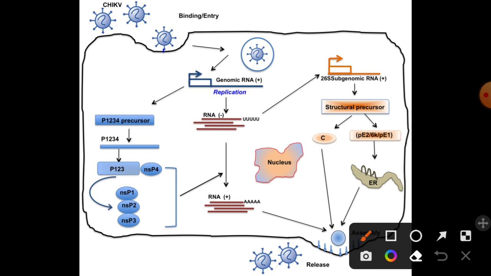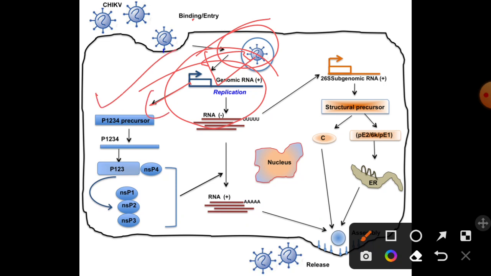Then the life cycle. First the virus enters by endosome formation, then it releases the positive sense single stranded RNA genome in the cytoplasm. This genome will synthesize the P1234 precursor, and also a negative sense RNA genome.